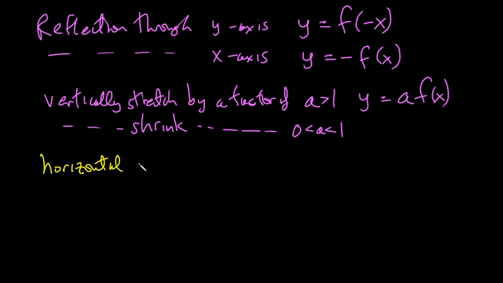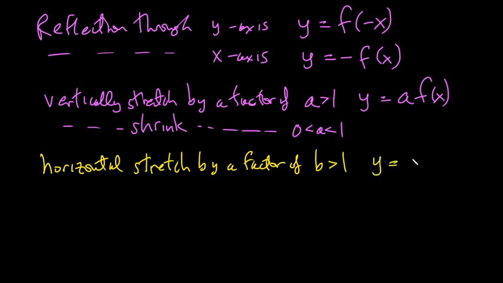So if you want to do a horizontal stretch by a factor of, let's say, b, where b is going to be bigger than 1, then you multiply x by 1 over b.